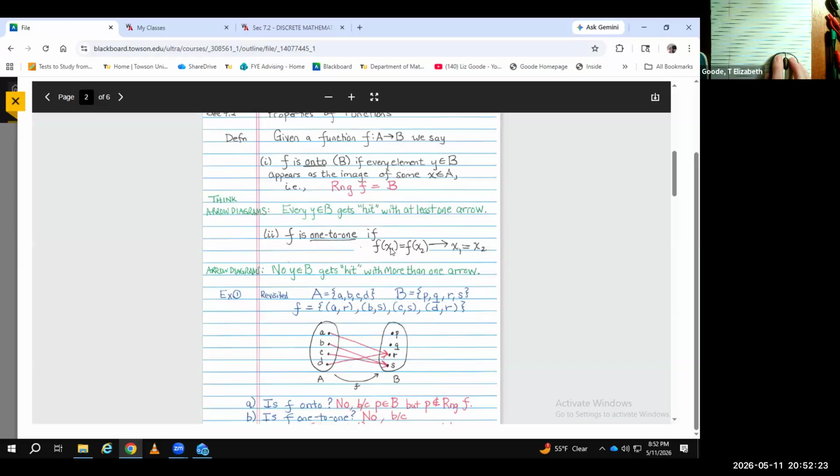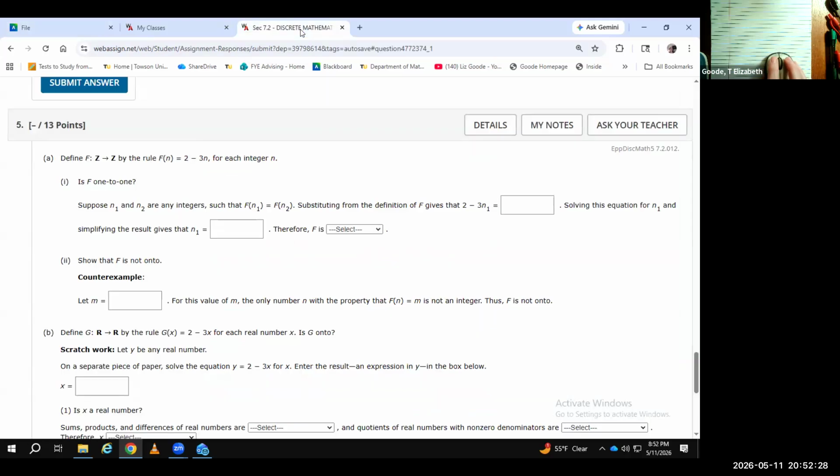The elements aren't called x1 and x2, they're called n1 and n2 because they're integers instead of real numbers. So we're assuming that f of n1 equals f of n2.